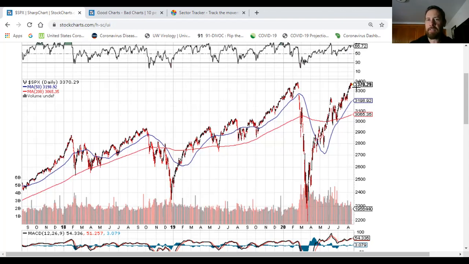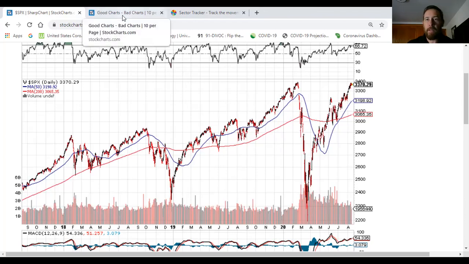If buyers come in, that's a healthier market. You can see this 50 day held up pretty well, basically since the June, July period, where the 200 held it up. They're all pointed in the right direction. So this is still a bull market. In a bull market, if you're a short-term trader, you want to buy these little dips and ride them to new highs before selling. You would do the opposite in a bear market.